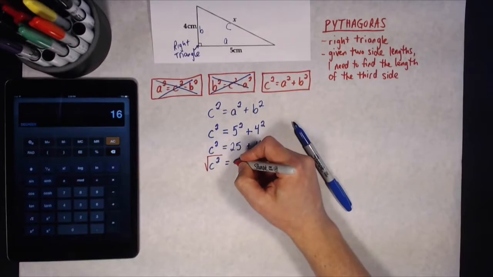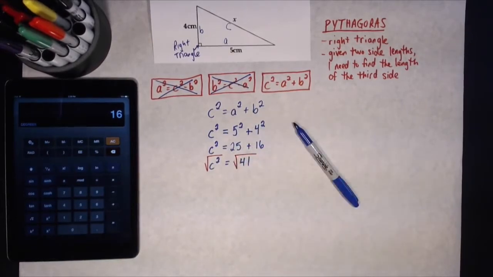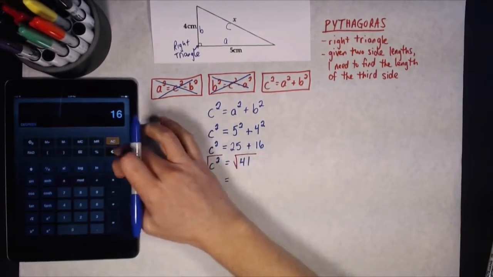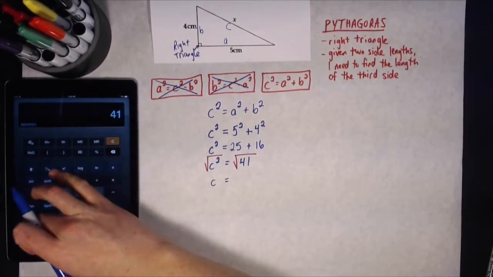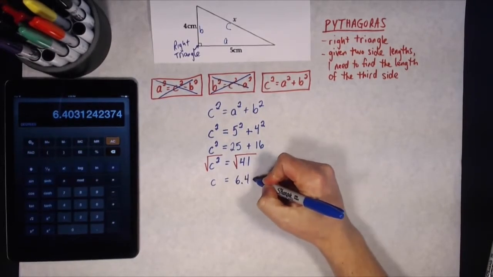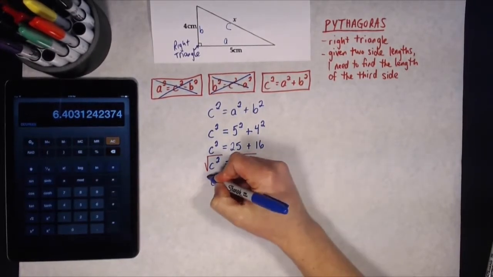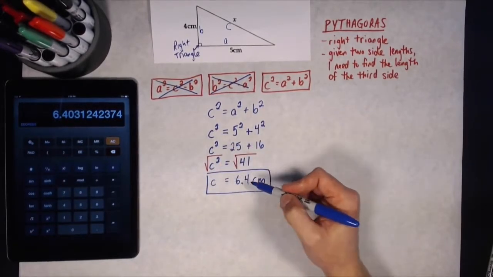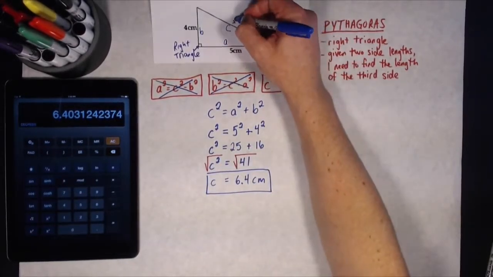But if I do square root over here, I've got to do square root over here. So c is equal to the square root of 41, which is 6.4. And that was in centimeters. So the side length c of my triangle is 6.4 centimeters.